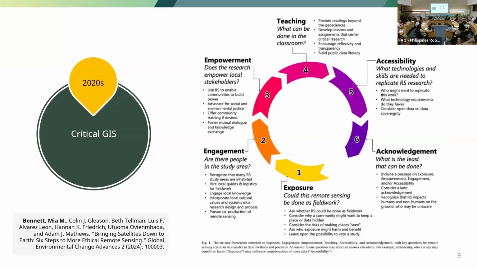Consider risks of making places seen and making available the possibility of community veto. Now, community veto means that you as a researcher have been funded, have made that decision, and there are likely multiple institutions behind you. But if a community has the autonomy to say, no, we do not want this data to be collected, how do you actually manage that?